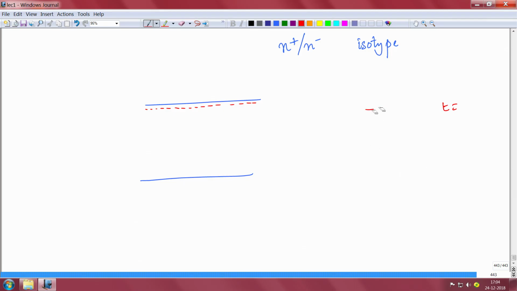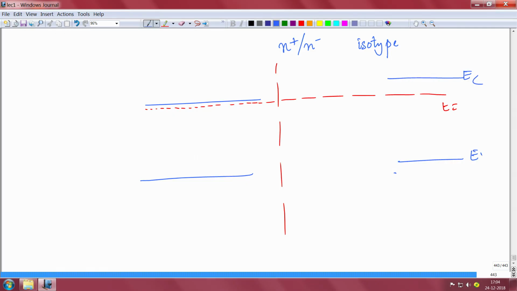side, no. So what will happen is that if you join them, then this is a Fermi level, right. So this is your conduction band, this is your valence band. So there will be a slight bend, and then like that, right. Most of the depletion will be on the N side, okay.